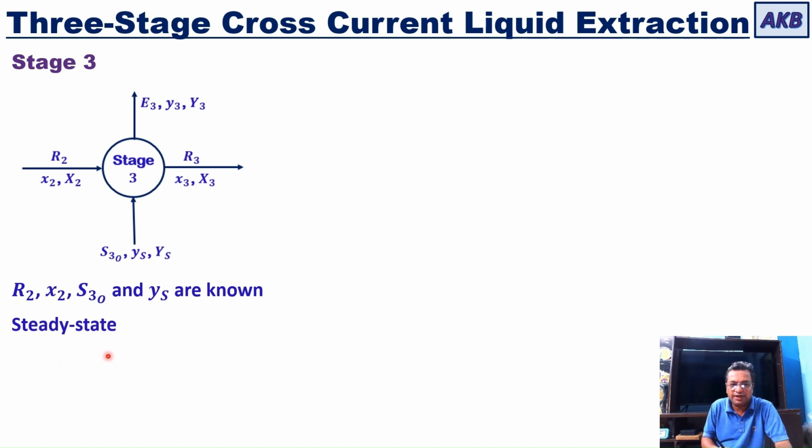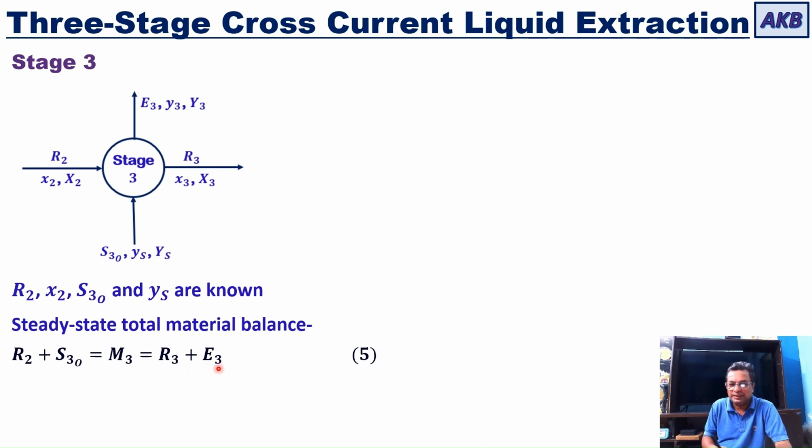So if you write steady state total material balance for stage number 3, it will be written as R2 plus S30, that is equal to M3, that is equal to E3 plus R3, and I am calling this equation number 5. So raffinate from stage 2 is mixed with fresh solvent to get a mixture. The mixture is then separating into raffinate and extract phases.